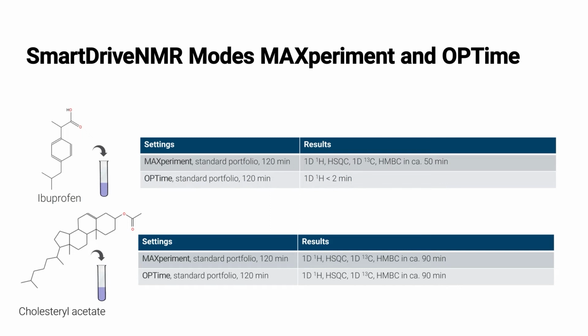That's because the 2Ds will take a little longer because of the non-uniform sampling. One needs a couple more increments for such a large molecule. But you never violate the restricted time, so the 120 minutes are honored in both modes and for both experiments, but what the 2 modes do is a lot different.